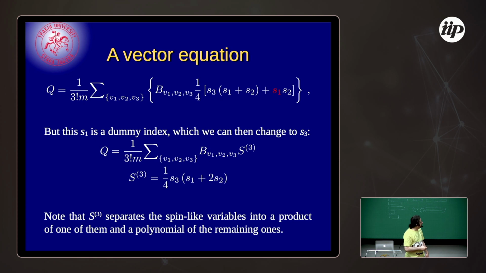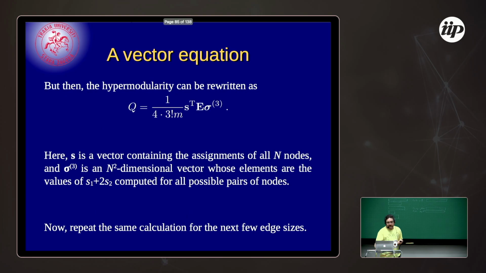Now this S3 object separates the variables, because you have S3 on one side and on the other side S1 plus 2 S2. And this is inside this expression here, multiplied by the data tensor, and summed over all the possible elements of that tensor. So you see, we are getting somewhere, but this is just for 3. Right?